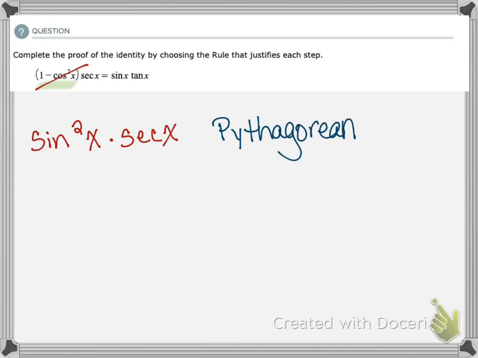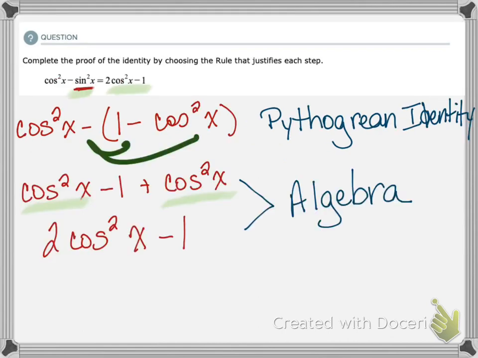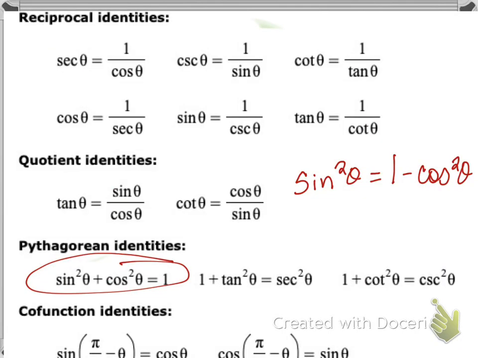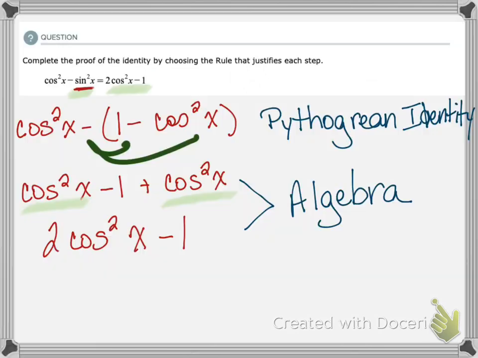Now secant of x is the same thing as 1 over cosine of x. I know here we've got theta, but in our identity, our angle is labeled x, so that's how we're able to change that. Theta just means any given angle.